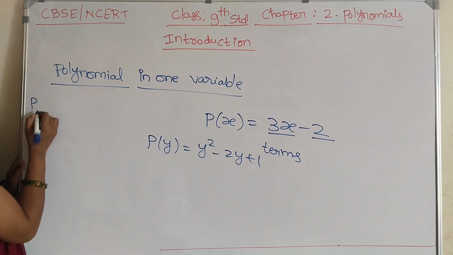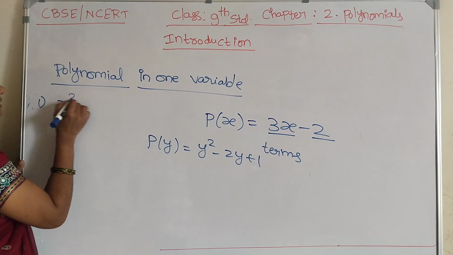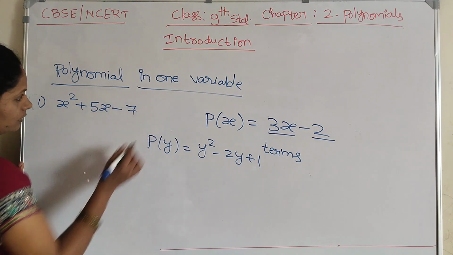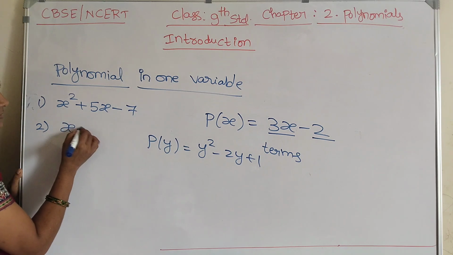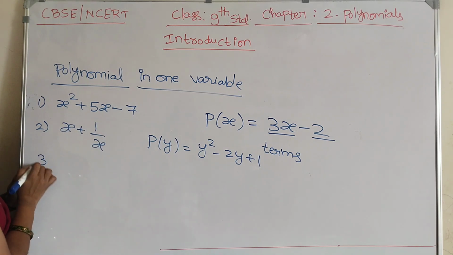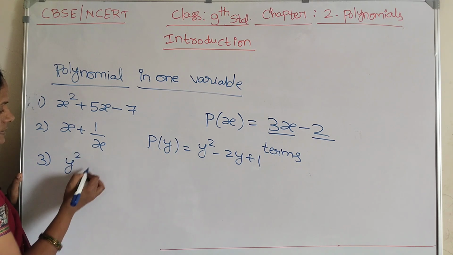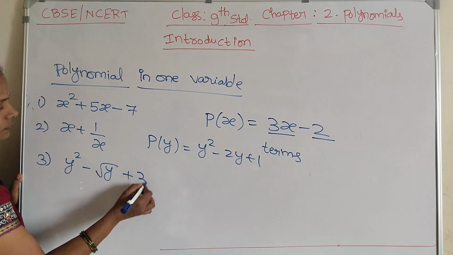First one, x square plus 5x minus 7. The second is x plus 1 by x. Third is y square minus root of y plus 3.